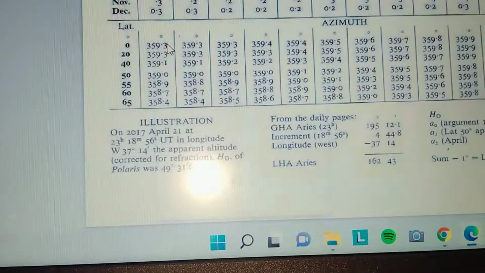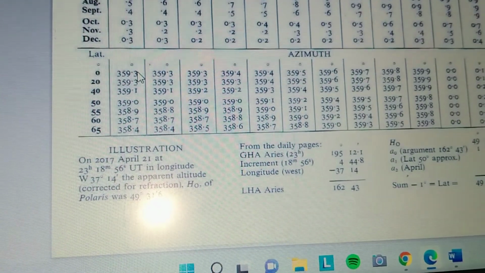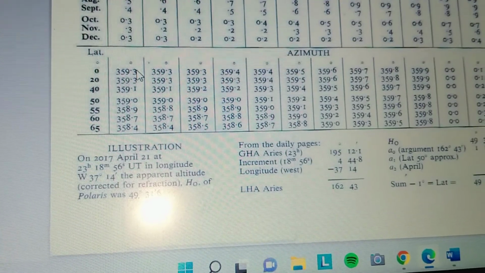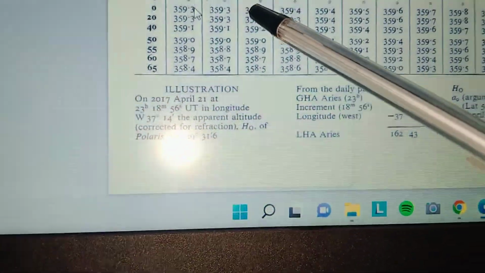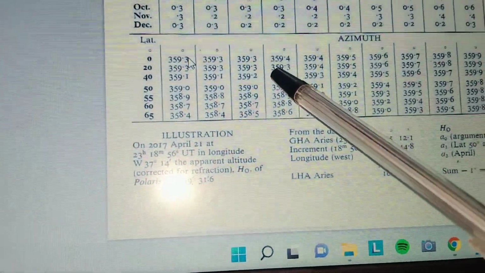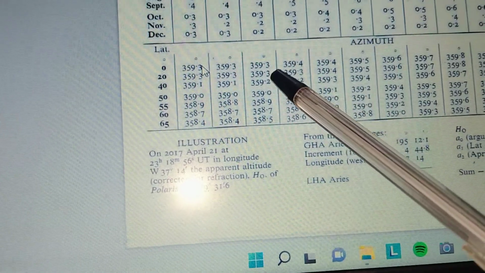Since there's no 10 degrees, but as you can see, 0 degrees latitude and 20 degrees have the same values, so we'll just use 20. So we are on the third row, so it's 359.3.